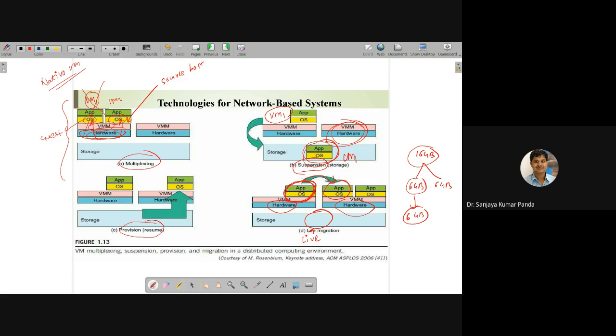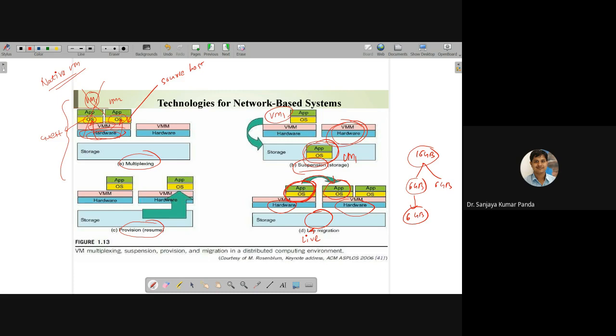That process is called live migration. Without any interruptions, you can resume the work on top of another hardware system. So that is the advantage of live migration, where there is no delay. Even if there is a delay, it is negligible.